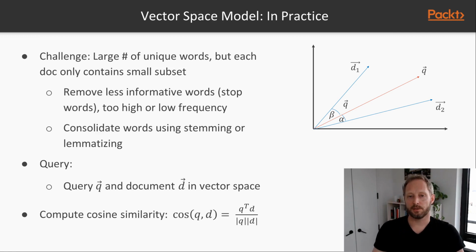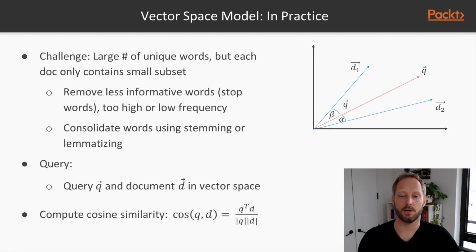And since the individual vectors are very sparse, mostly empty, that means that the dot product is easy to calculate because most of the factors in these sum products will be zeros. So that allows us to quickly identify which documents are similar to what is posited by the query here.